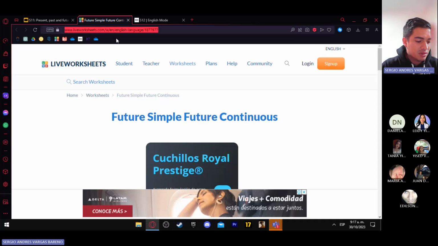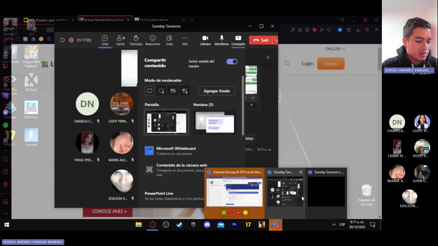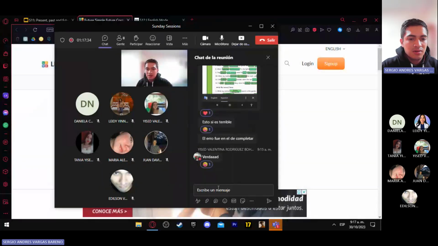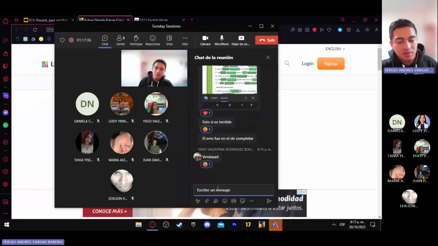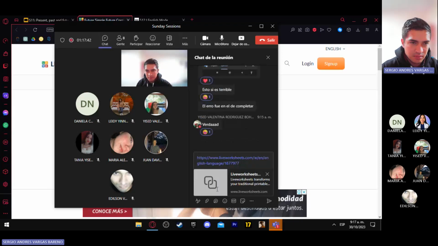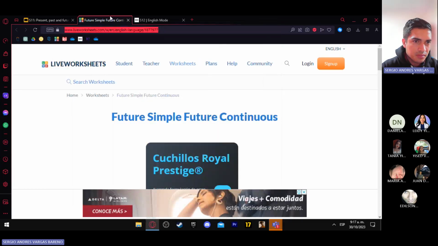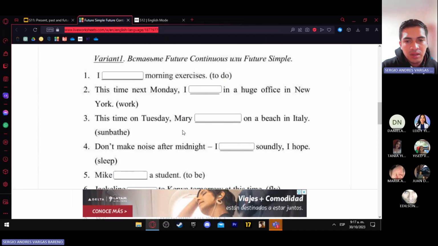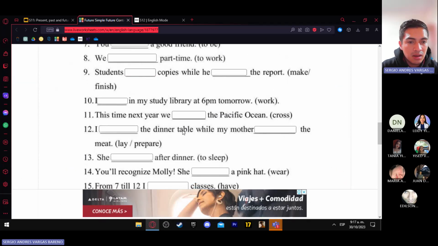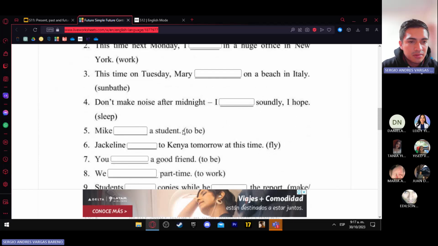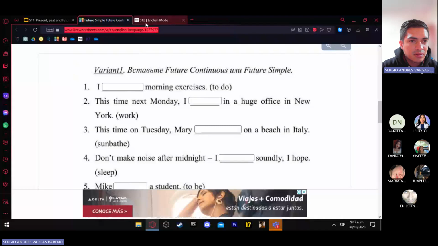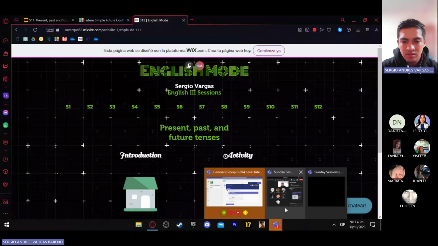Entonces sí les voy a enviar este ejercicio. La misma idea. Saber usar el futuro cuando es continuo o cuando es simple. Y listo, ya les mandé el link al chat. Porfa, vayan completándolo.